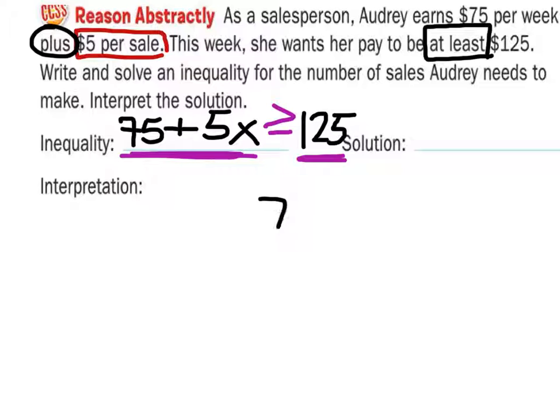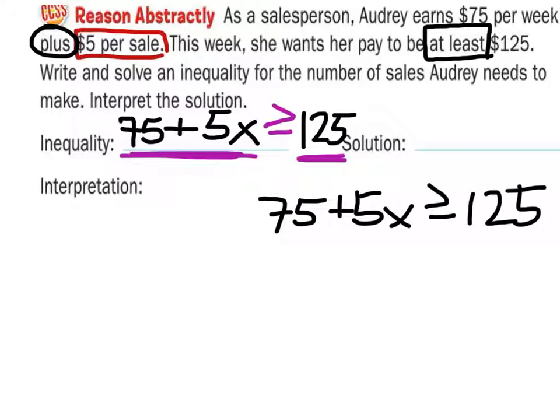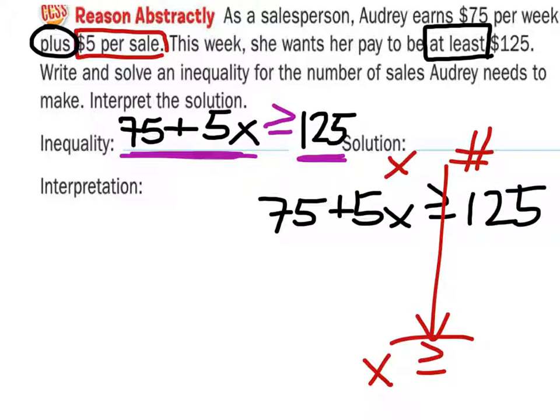So let's rewrite this down here. 75 plus 5x greater than or equal to 125. Switch and stay game. Bam. I'm going to put the x's on the left, numbers on the right, and 75 switches, 5x stays, and 125 stays.